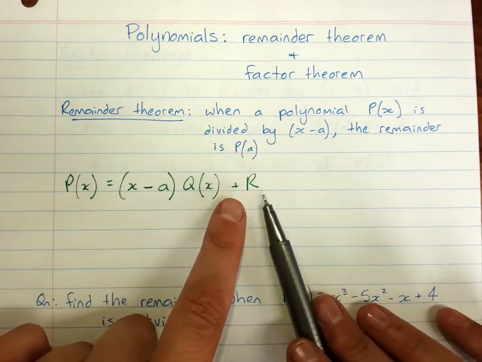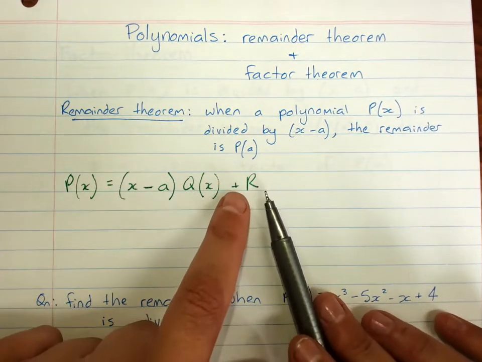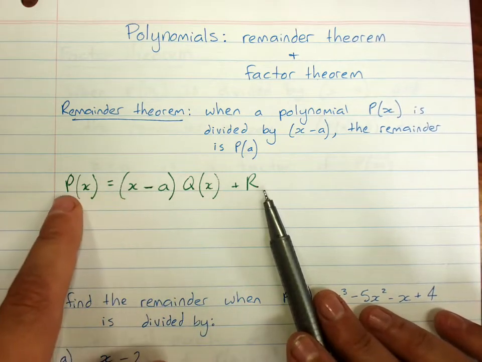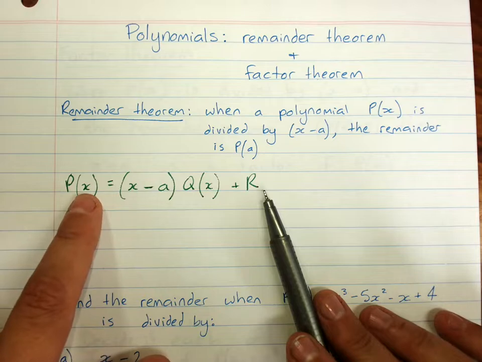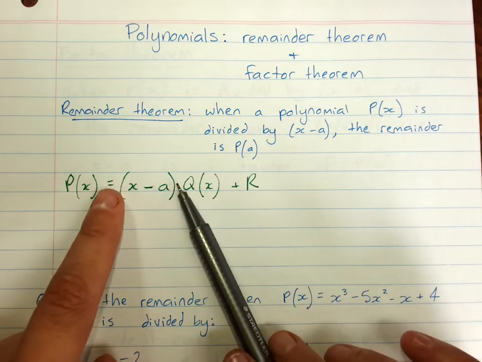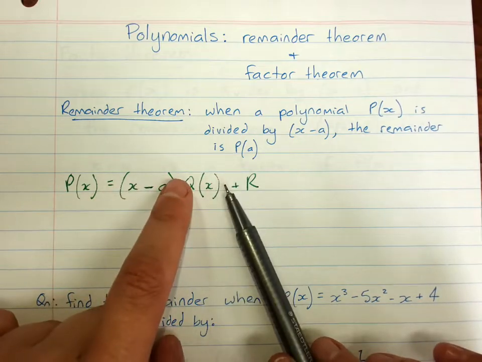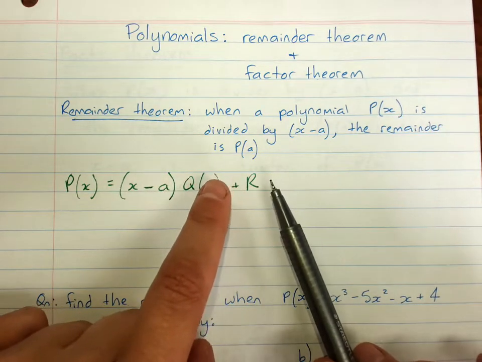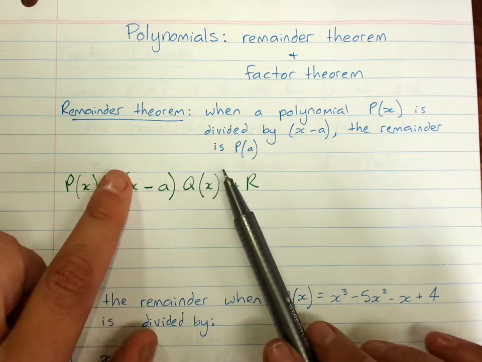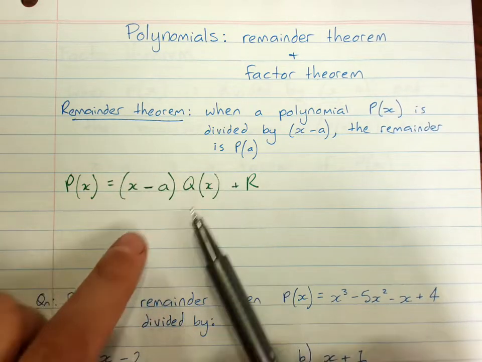Now, what we want for the remainder theorem is to find out what value of x will give us just the remainder. And quite obviously, since x minus a times the quotient is what's happening here, if we want to cancel all of this out, one of these will have to be 0.